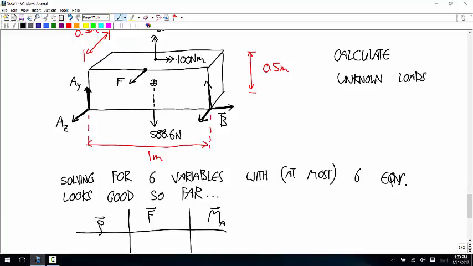Yeah, B. I mentioned a few minutes ago, it usually simplifies the math a little bit if you put your about point where you have the most unknown forces. We have 3 components of an unknown force at B, so let's put the about point there.